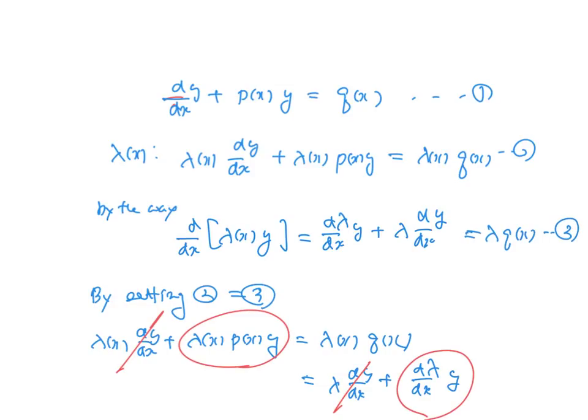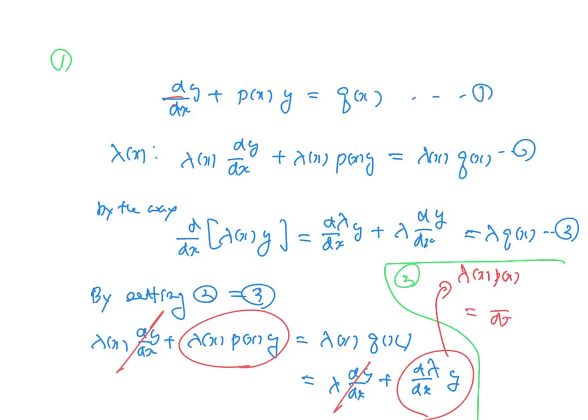So lambda(x) p(x) is d lambda/dx, or 1 over lambda d lambda/dx is p, which is d ln lambda/dx.